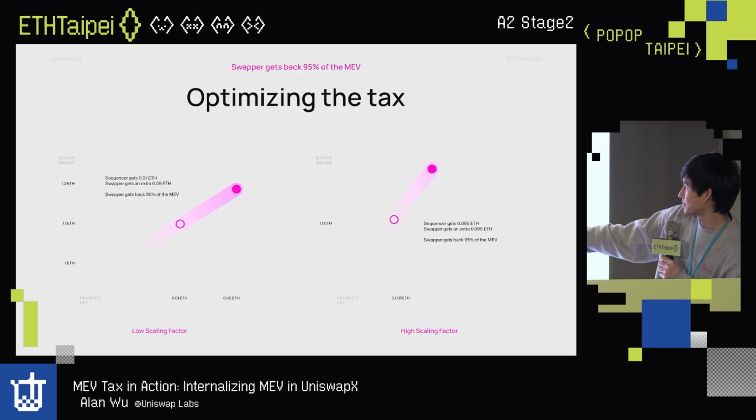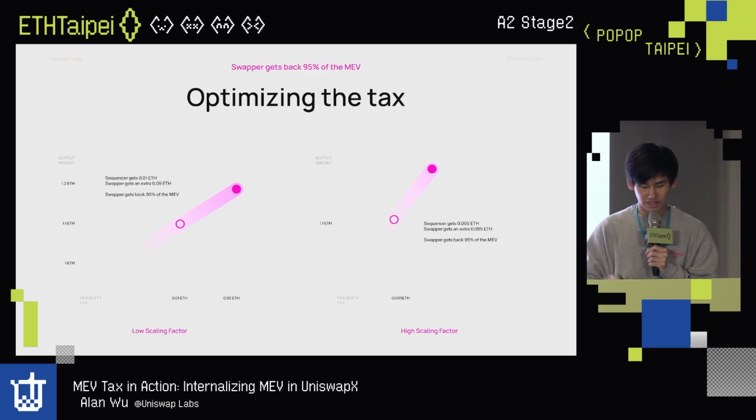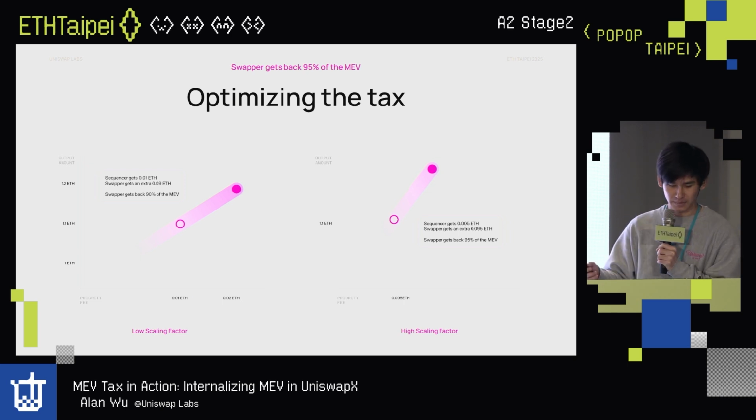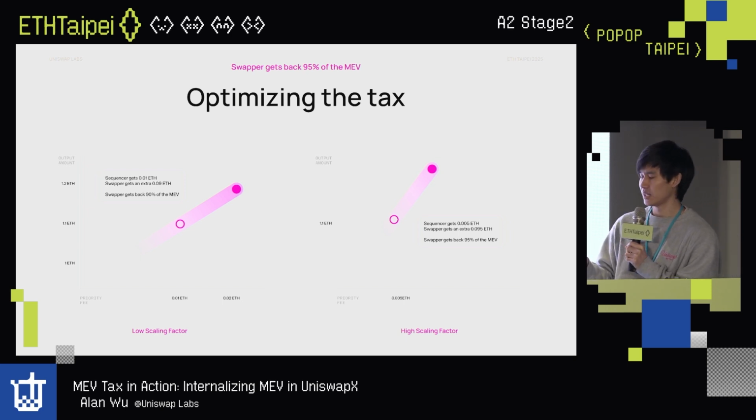Here's what I mean. On the left, we have a line with a lower slope, so has a lower scaling factor. Out of the 0.1 ETH of MEV, 0.09 of it is going to go to the swapper, and 0.01 of that will go to the sequencer.